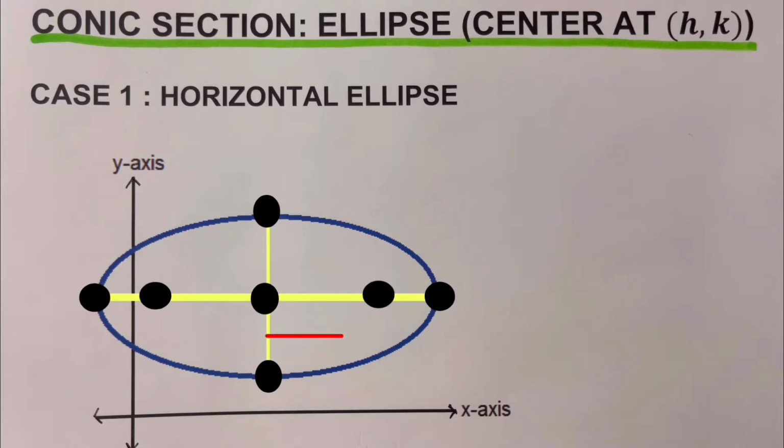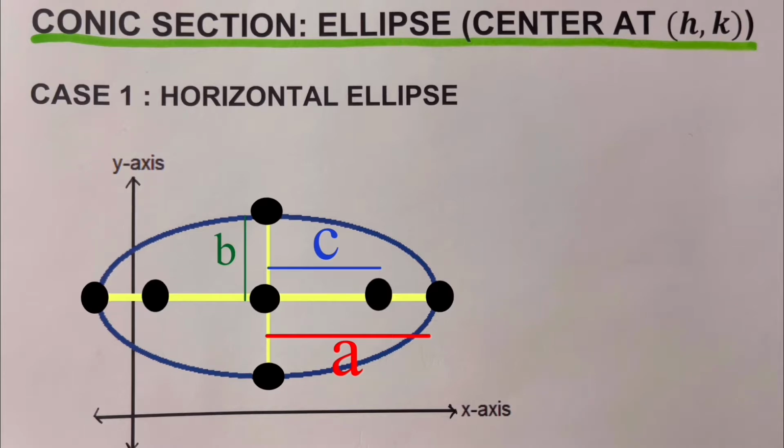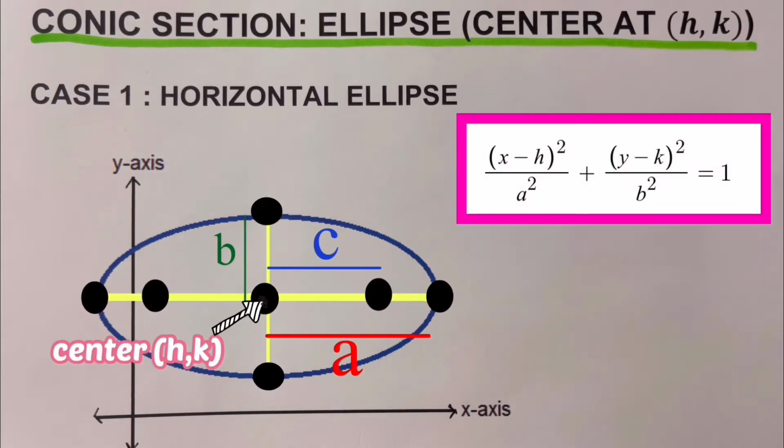We remember that the distance from the center to the vertex is represented as a, the distance from the center to the co-vertex is represented as b, and the distance from the center to the focus is represented as c.